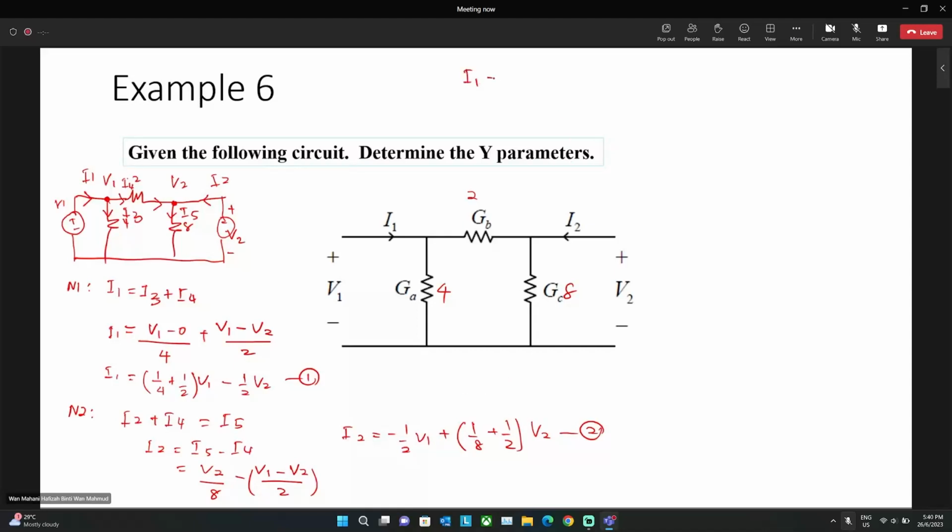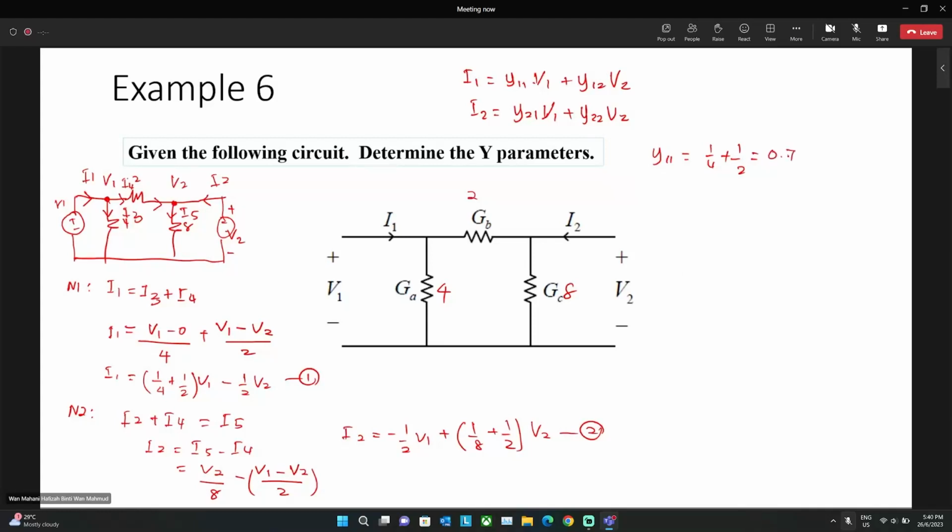So daripada dua equation ni, what you have to do right now is just you compare balik dengan general equation yang you tahu berkaitan dengan Y parameter lah, I1 equals Y11 V1 plus Y12 V2. Lagi satu, I2 equals to Y21 V1 plus Y22 V2. So daripada sini, you boleh compare. Yang ni I1, yang ni I2. So Y11 sama dengan apa? 1/4 plus 1/2. 1/4 tambah dengan 1/2 sama tak dengan 0.75?